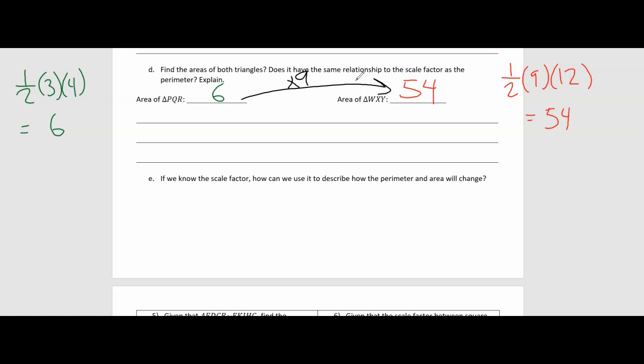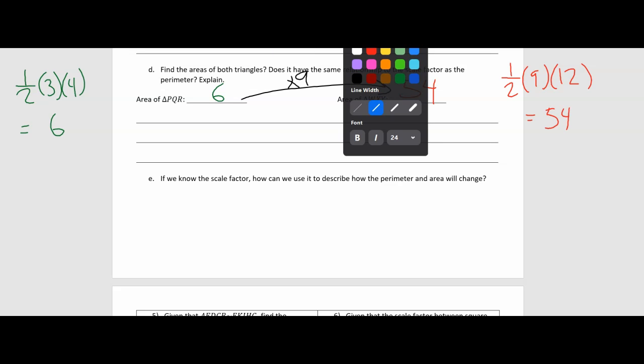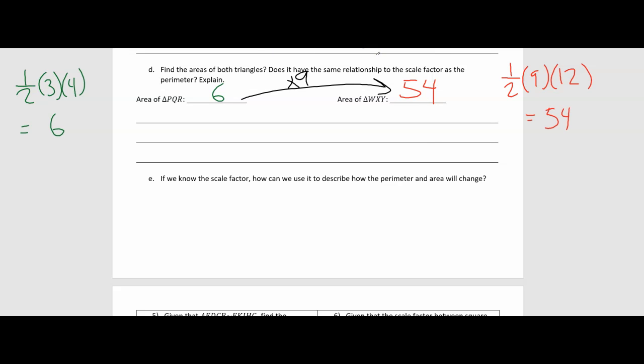And it may be hard to tell with just one example here, so let me give you another one. It's always good, before we write a conjecture, to test it in more than just one way. So let me give you 2 more similar triangles. We'll just do right triangles to make it easy. Let's do 4 and 5.